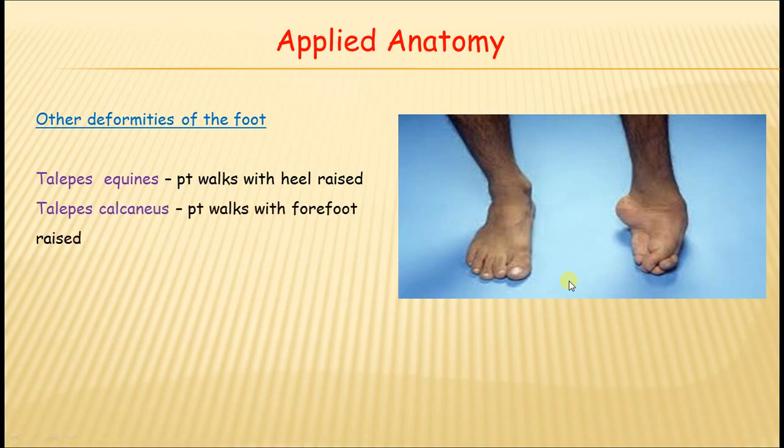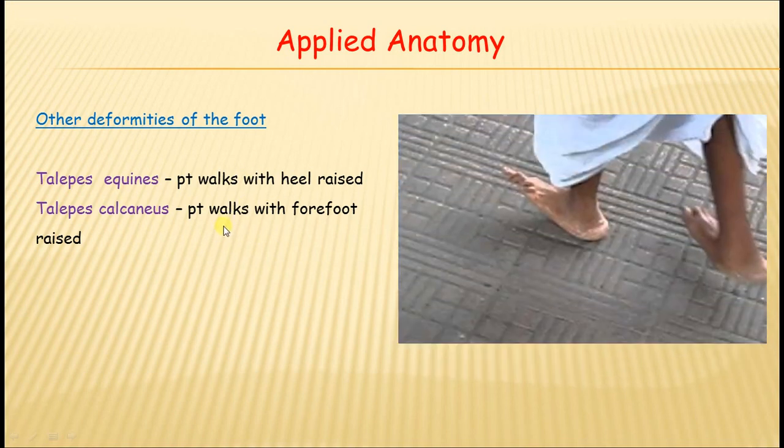Then you have talipes calcaneus, in which the heel is on the ground and the toes are raised, in a dorsiflexed position of the ankle joint. He walks with the heel on the ground and the foot raised.